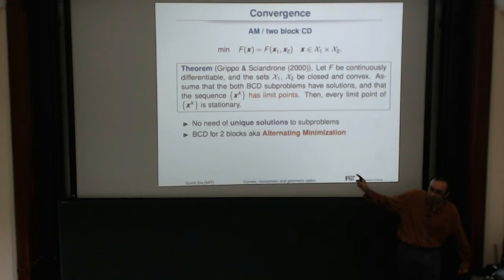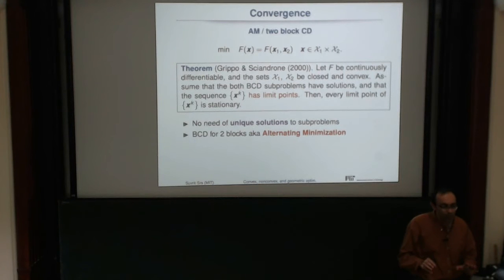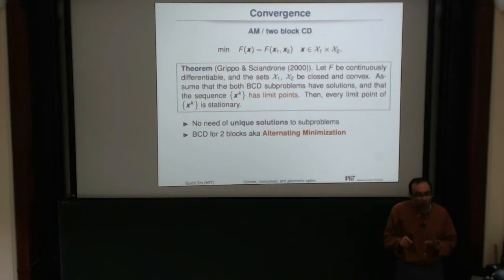So I'm going to comment on that theorem also very quickly. I just wanted to mention this alternating minimization theorem. It's a special case of doing coordinate descent with two blocks. Textbook results, as you may find in Dimitri Bertsekas' textbook, assume that the subproblems have unique solutions. But in the two-block case, the subproblems need not have unique solutions.